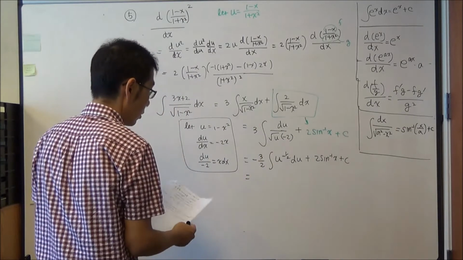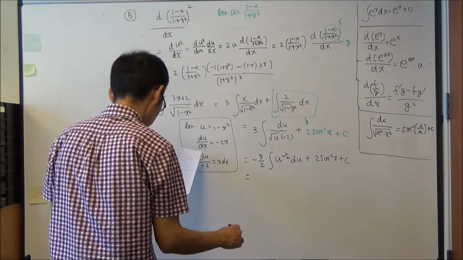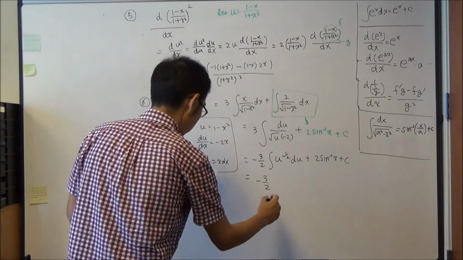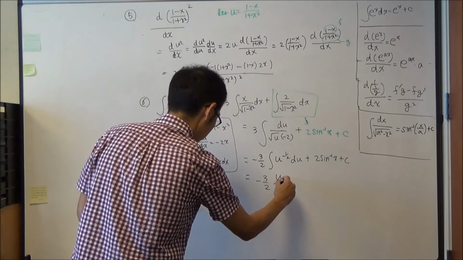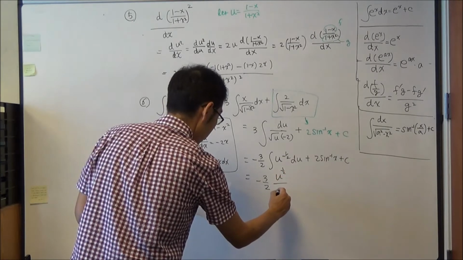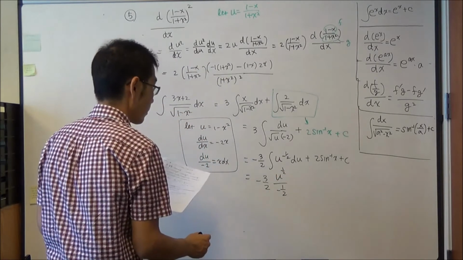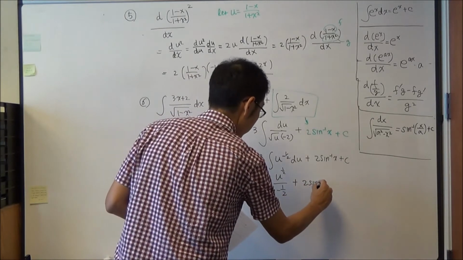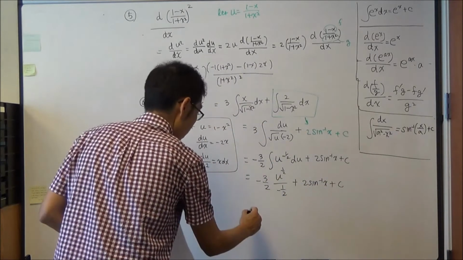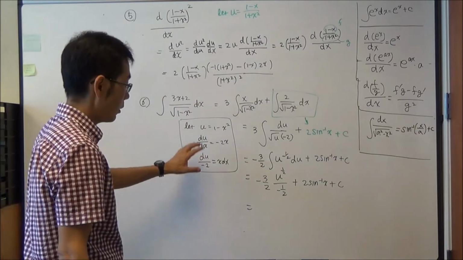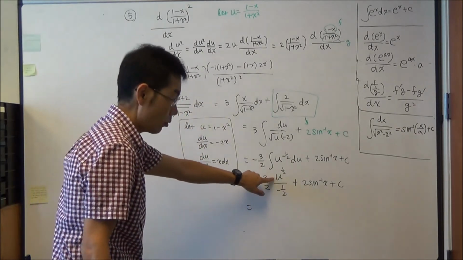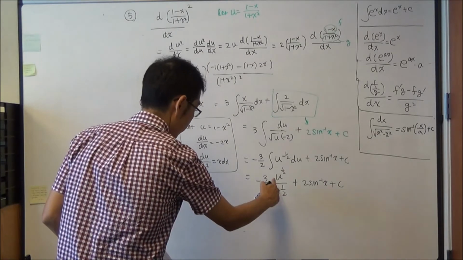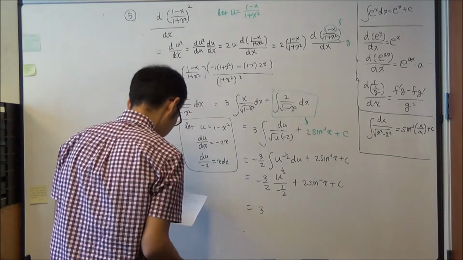So you can just continue to do that. So this is nothing more than 1, 3, and 2. And then this is u. So let's return everything back to replace the u. So this is 3.